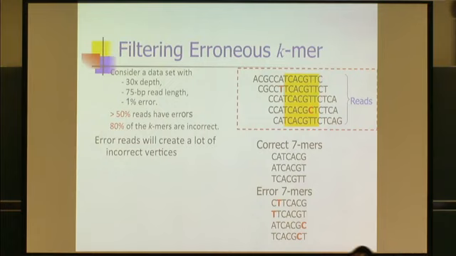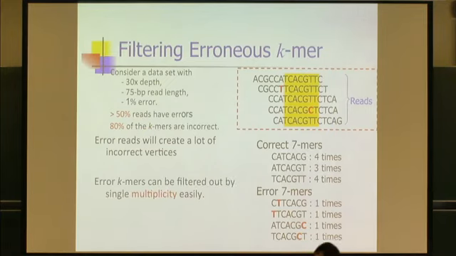Okay, now how can we tell them apart? We look at the multiplicity, because the correct k-mers appear 4 times, and this 3 times, and this 4 times, and this only 1 time. And we can throw this one with single multiplicity, and say that they are errors. So this is the filtering. The error k-mer can be filtered by single multiplicity easily.